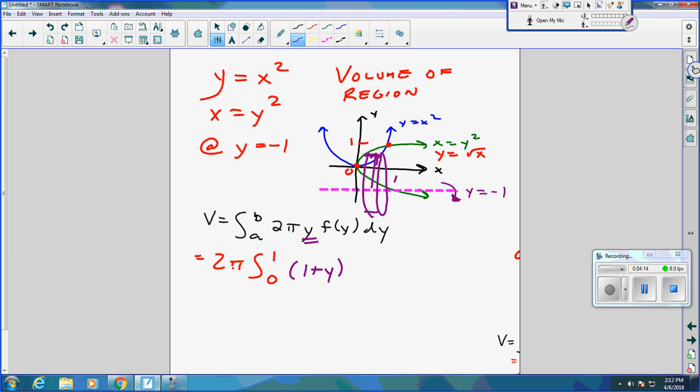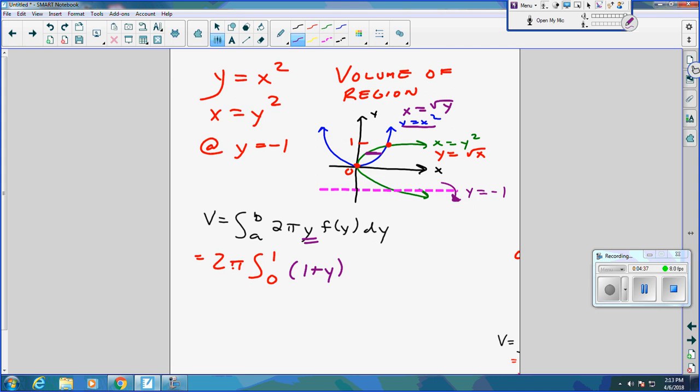And our f of y, this distance here, all right? Again, maybe I make it a little bit easier to see by moving some stuff off. This purple line distance right there is going to be the right curve minus the left curve. But we should automatically see that we got a problem here. So I'll solve this, and I get plus or minus square root of y.